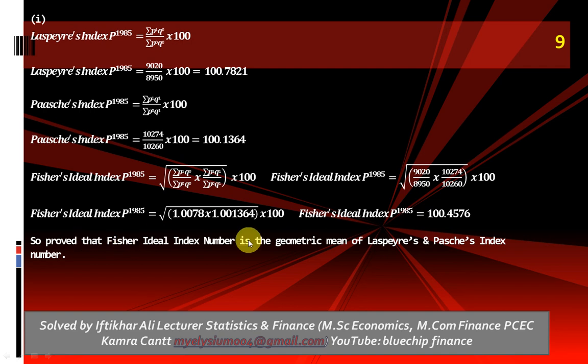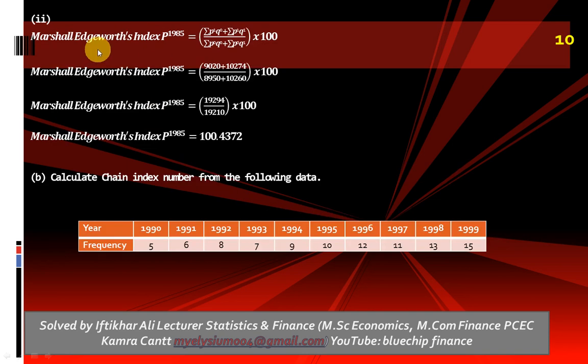So it is proved that Fisher's ideal index number is the geometric mean of Laspeyres and Paasche's index numbers. After that, Marshall-Edgeworth: we simply add Laspeyres and Paasche's indexes and multiply the result by 100, and the answer will be 100.4372.